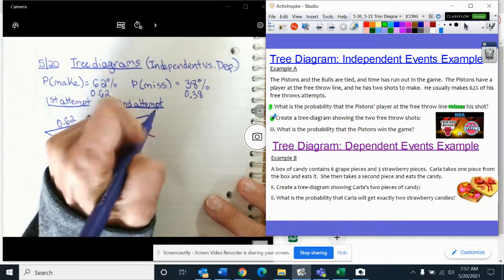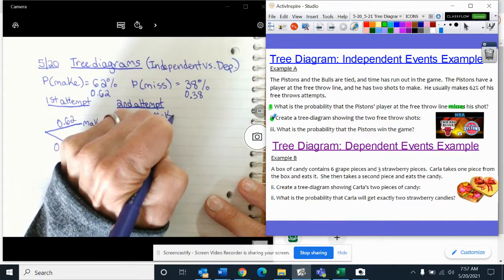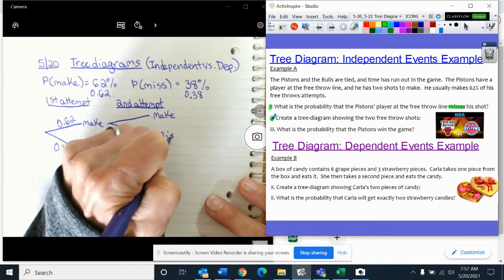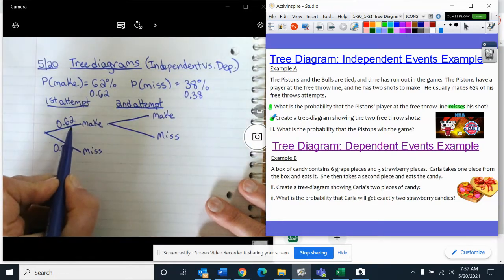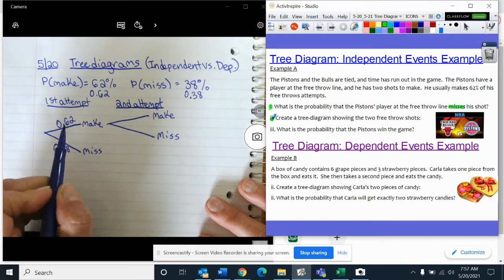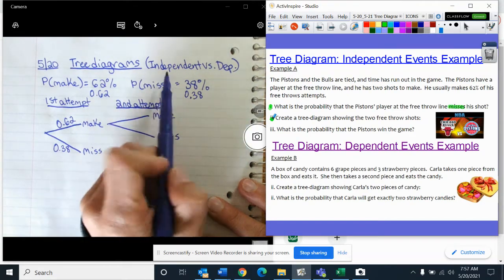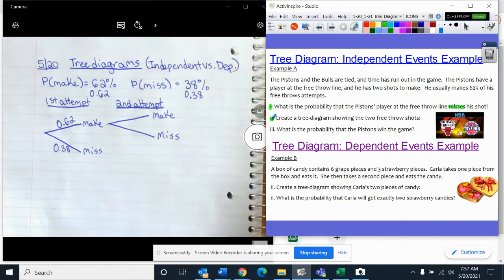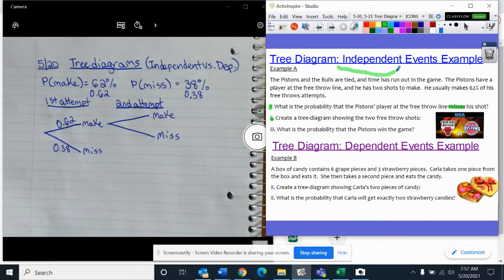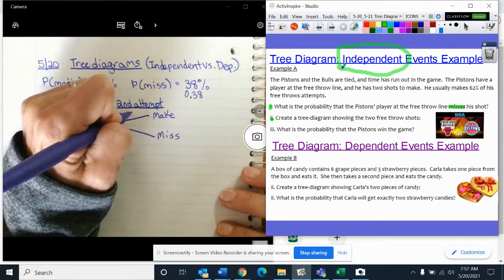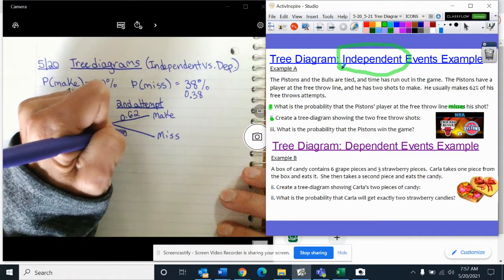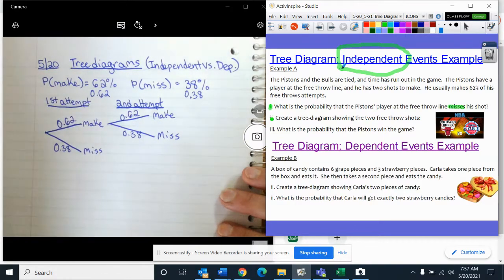that second one could be a making it, or it could also miss. But whether they made it the first time, it does not affect whether they made it the second time. So this is an independent scenario. And so the same probabilities get put along the branches.